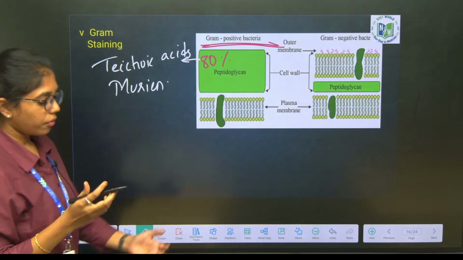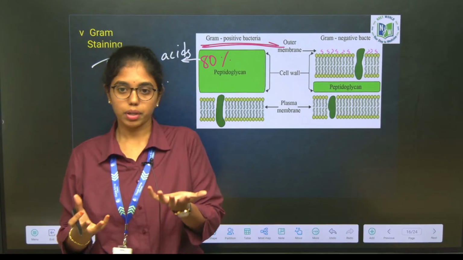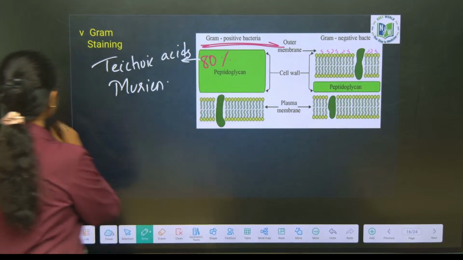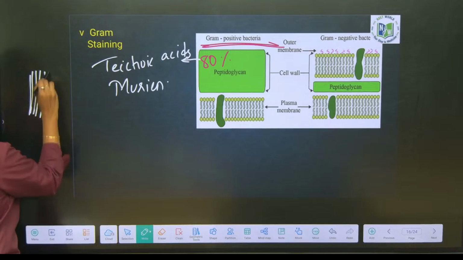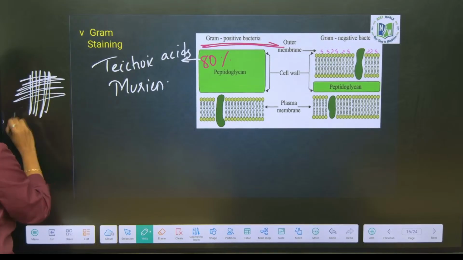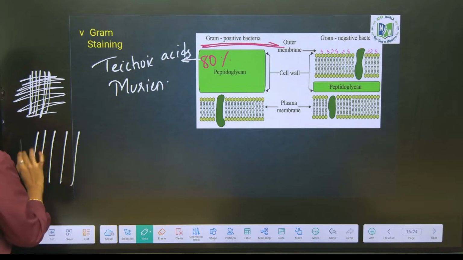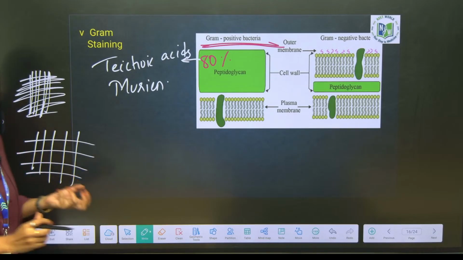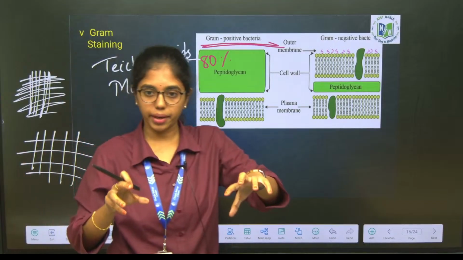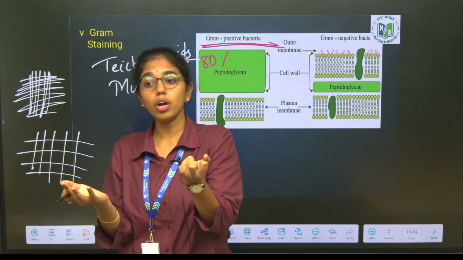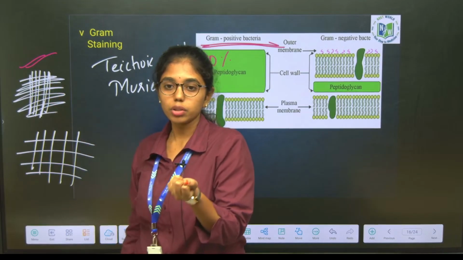Fine. A simple example I will give you. You have taken a thick cotton cloth in which cellulosic fibers are very thick, whereas a silk cloth or polyester cloth whose fibers are not much thick. Both of them you have dipped in a dye. And then you have observed for the color. Which will stain more? Cotton cloth will stain more.